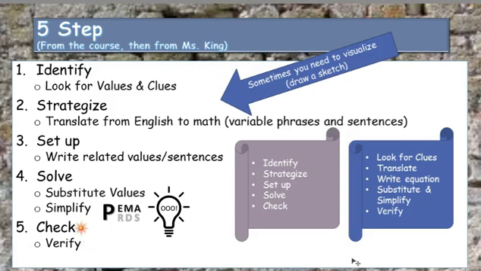We make sure we're answering the question. So I'm going to be using my little thing here that I like to use. Let me do that. This is what I'm going to be referring to, but you can also refer to the course curriculum.